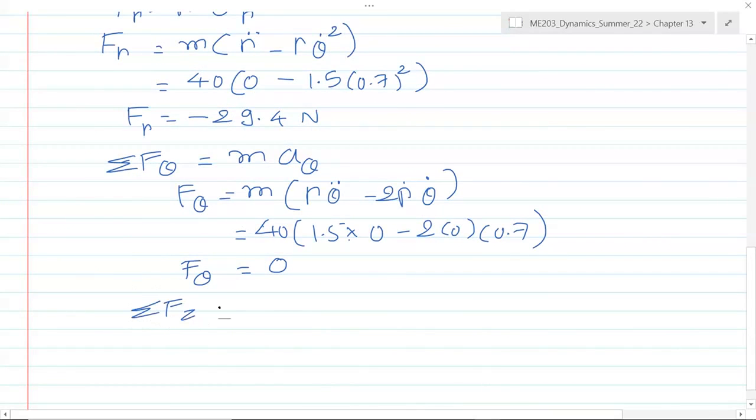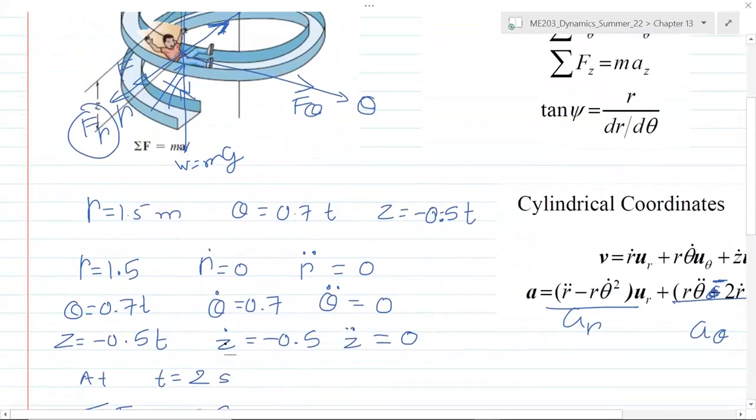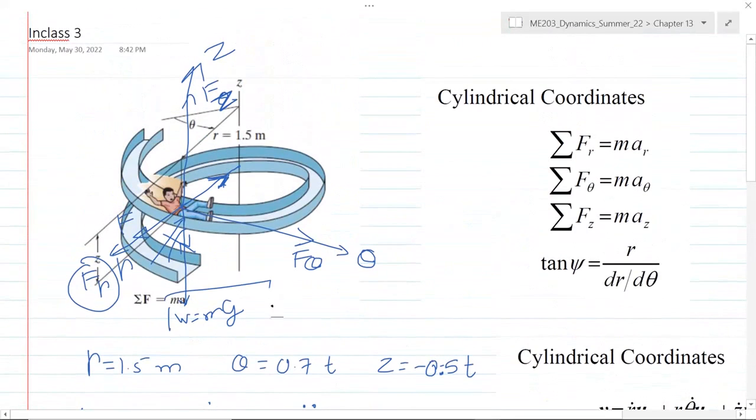Last, the sum of forces in the z direction is equal to m times z double dot, and z double dot is 0, so this is m times 0. However, there are two forces here, Fz minus mg, because the weight acts in the vertical direction along with the Fz force. Fz is upward, but the weight is downward, so it's negative.